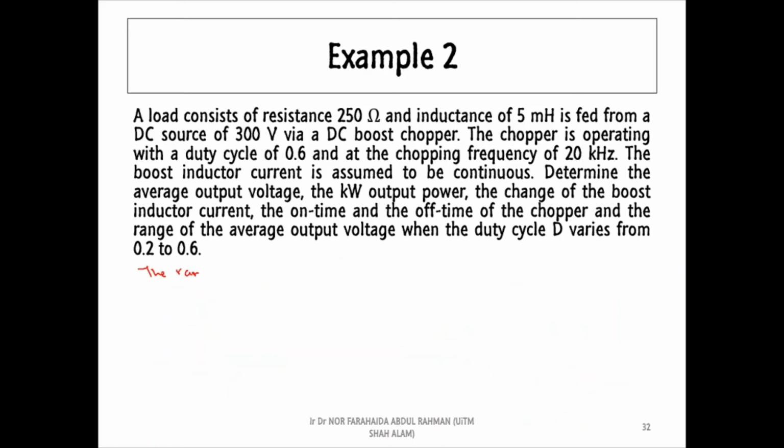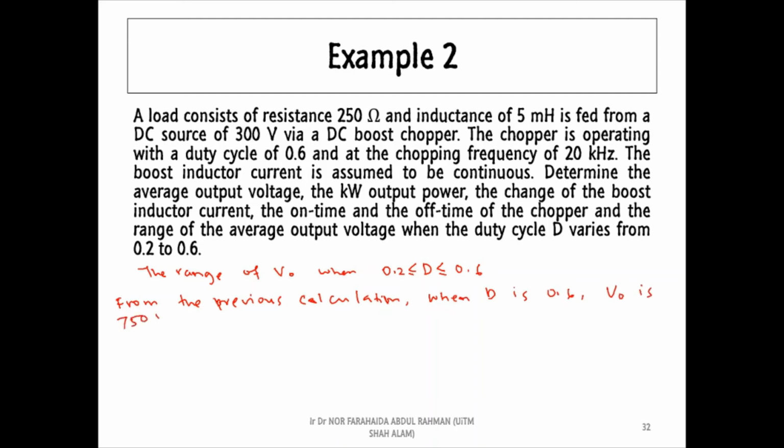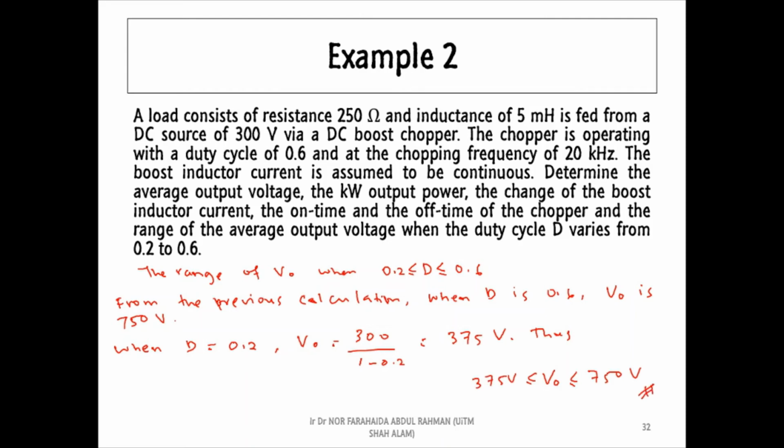Next, we need to determine the range of the output voltage when the duty cycle varies within this range. So from the previous calculation, we already know the output voltage of the converter when D is equal to 0.6. So when D is equal to 0.2, you need to calculate a new output voltage, and based on the answer, you can complete the range of the output voltage as follows.